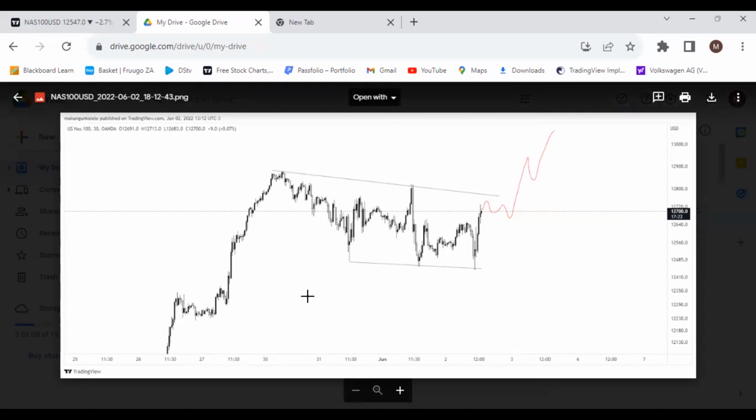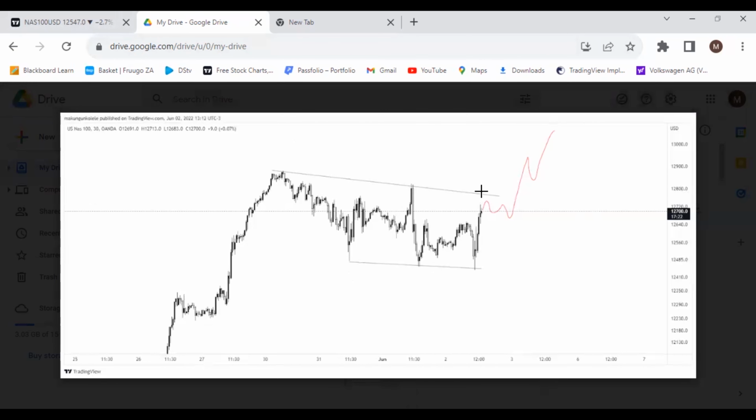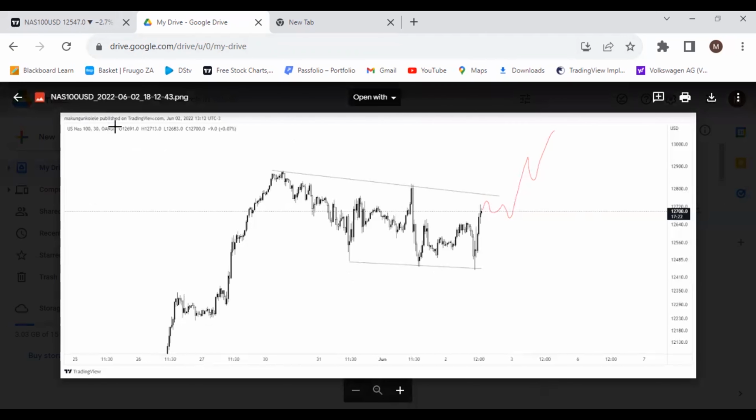Before we get into the actual chart, I'm just gonna show you that this was just a prediction for a buy. I forgot the date I took. Okay, here's the date. It's last week. So Nasdaq was predicted to buy.